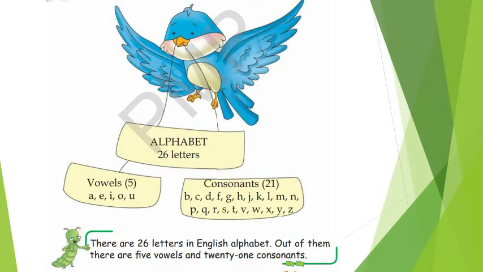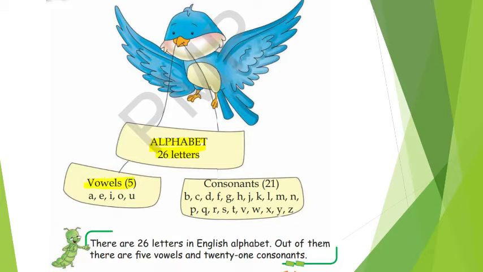Alright children, as you know, in the last chapter I had told you that there are 26 letters in the English alphabet, A, B, C, D and all. Out of them, 5 are called vowels.